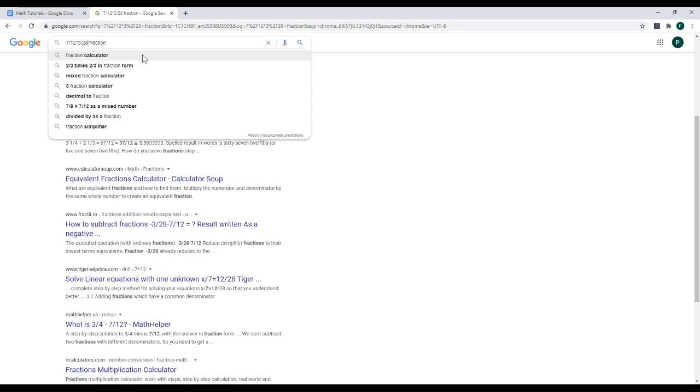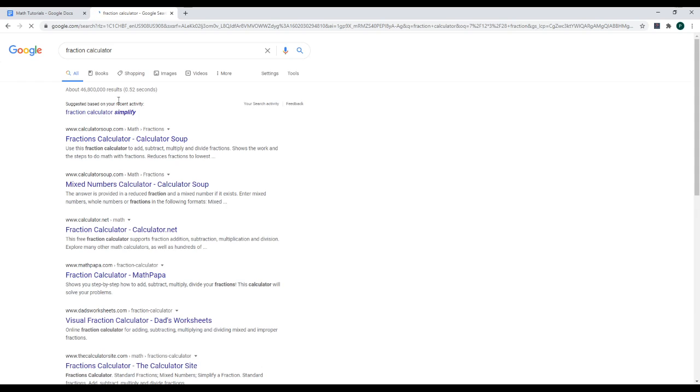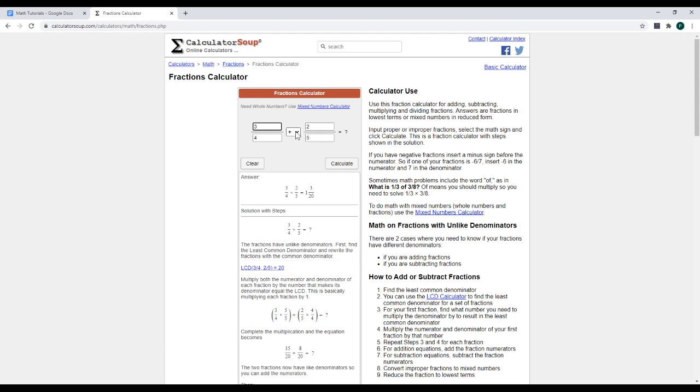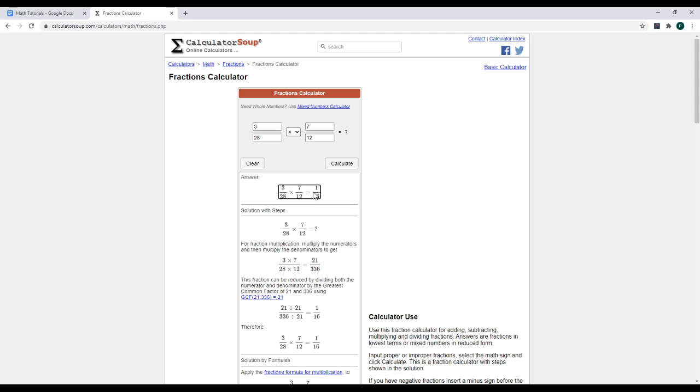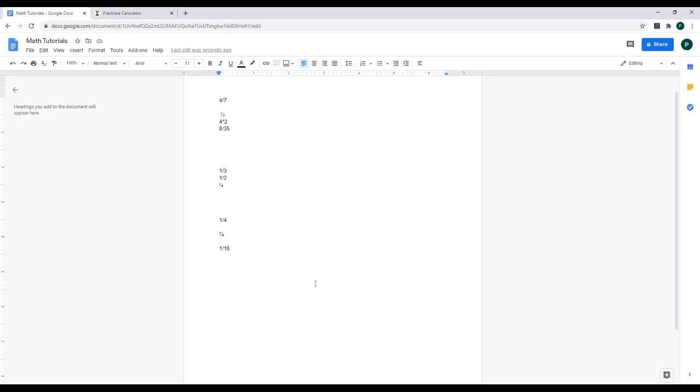Okay, it's not being very helpful. Alright, I hope this calculator works. 3/28 times 7/12 gives 1/16. See? That's easy. That is how we achieve our goal, and we are indeed correct.